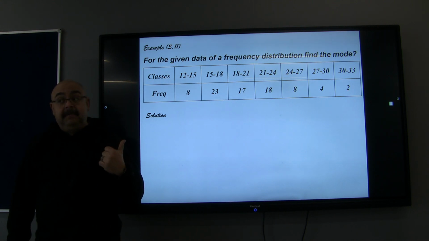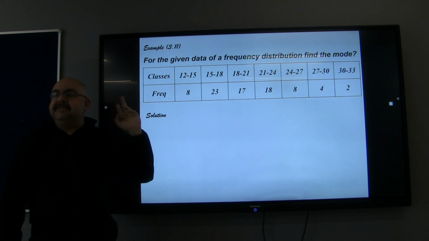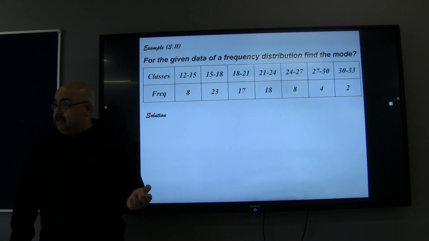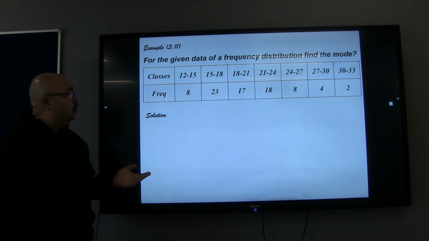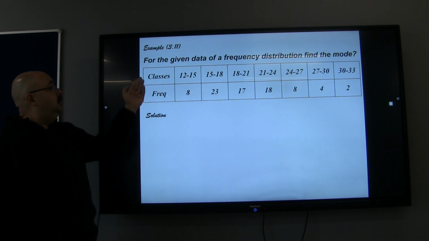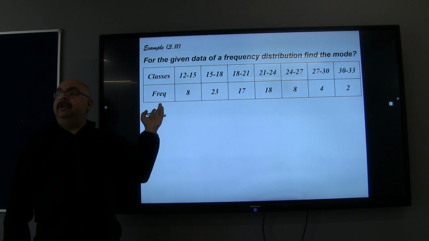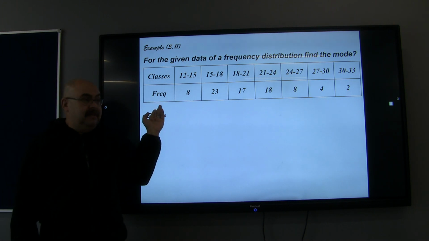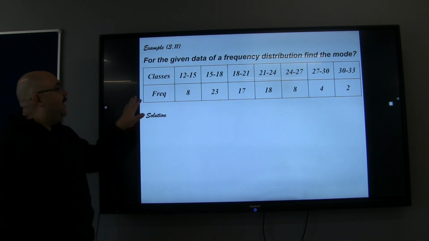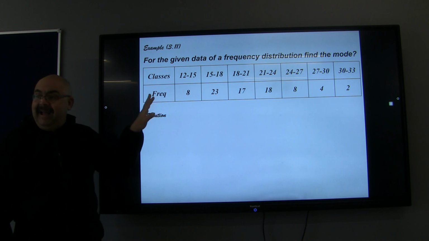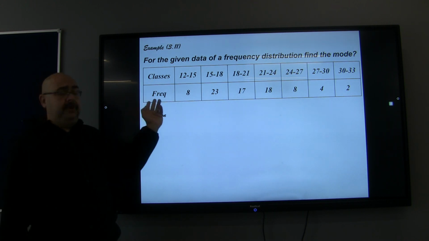To get the arithmetic mean, you need the observations plus the frequencies, multiplying them together. To evaluate the median, the middle, you need a cumulative distribution, so cumulative frequency. So if I want to calculate the median, I must build the cumulative frequency. For the mode, I only need the frequency.